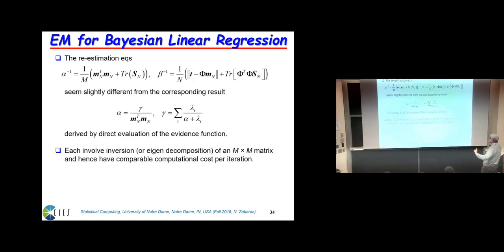And let me also say the following. These are the results that we had gotten with the old method, okay? And I remind you that these results had to be run iteratively to self-consistency because one result depends on the other, so you have to iterate the same way we do with the EM algorithm.